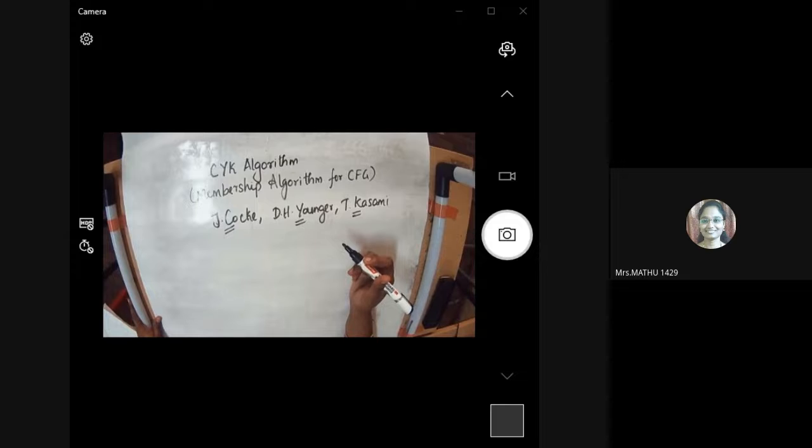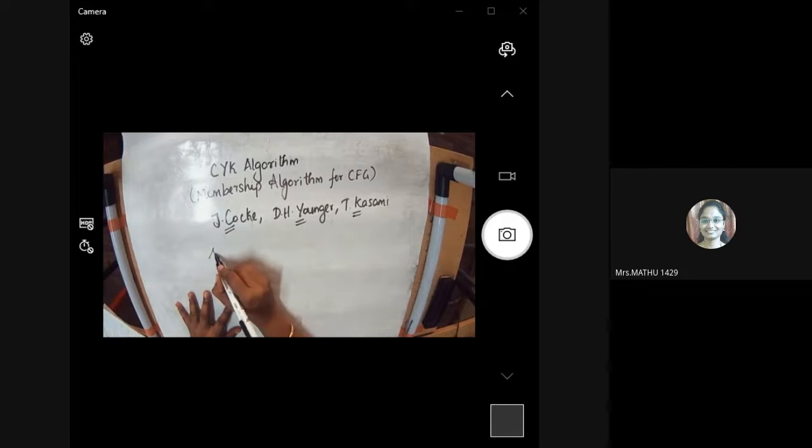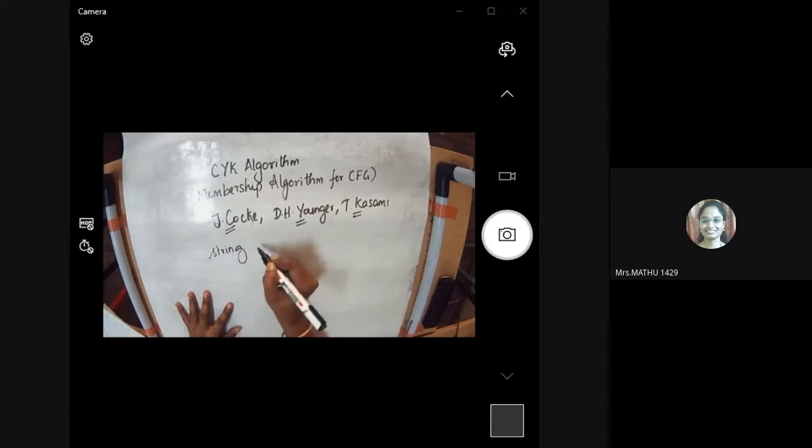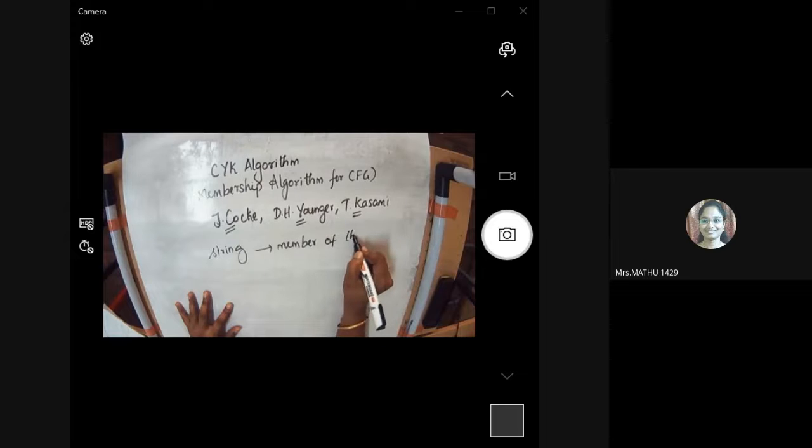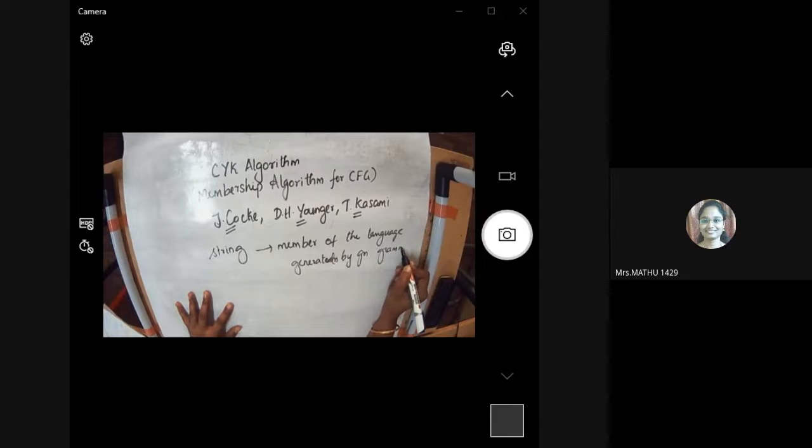So when a string is given, we need to check whether it is a member of the language generated by the given grammar. To identify the membership of any string, this algorithm is used.